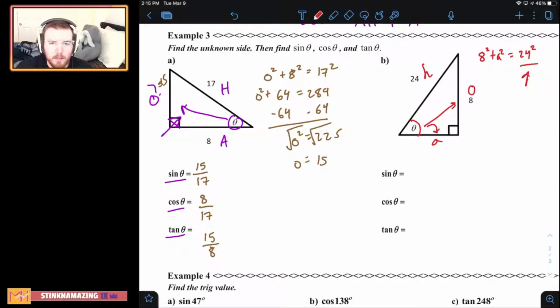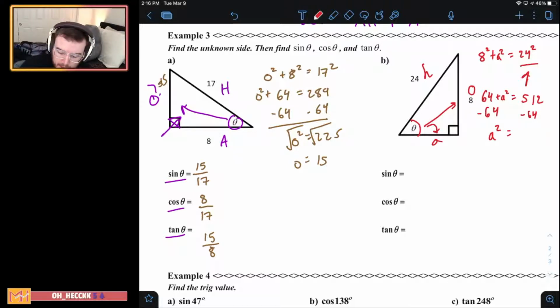3, 2, 1. Beautiful. Okay, so let's go ahead and do the math though. 64 plus a squared equals 24 squared. A squared equals 512 minus 64.